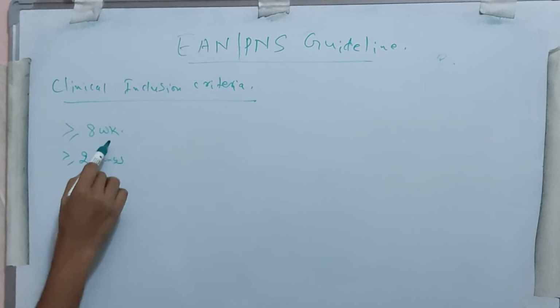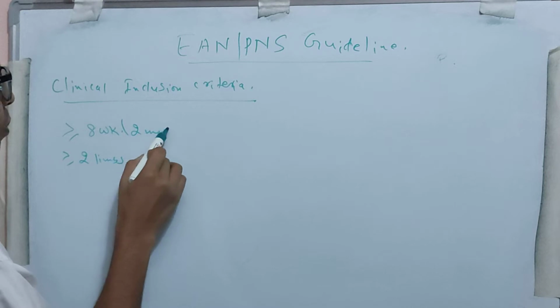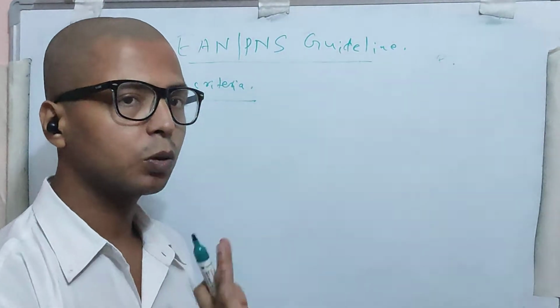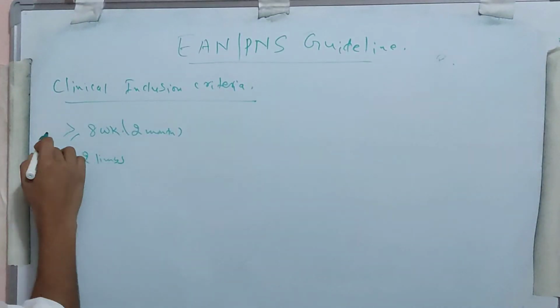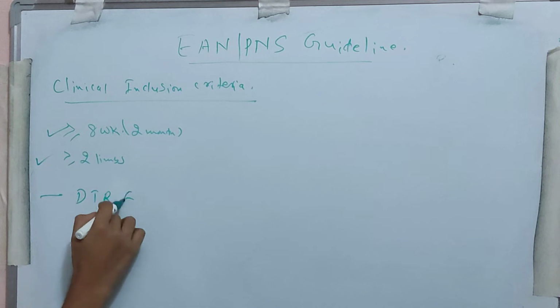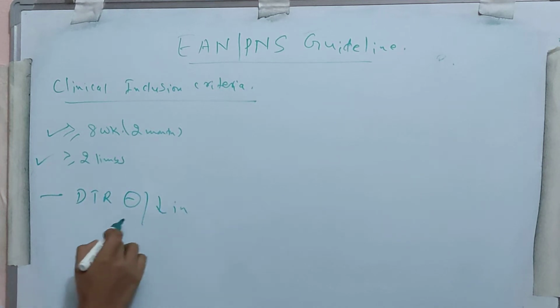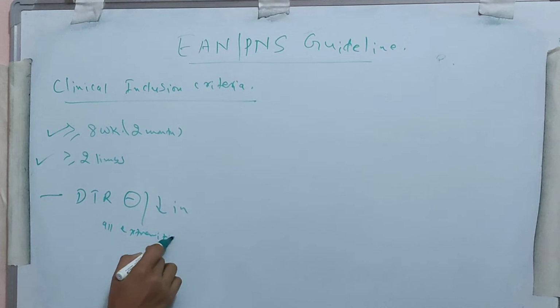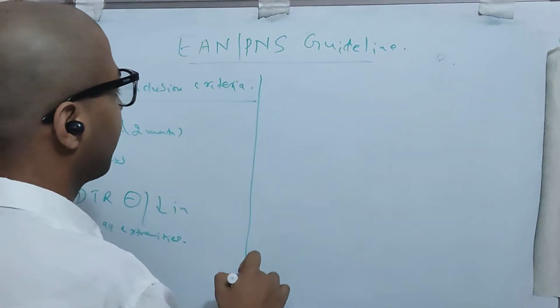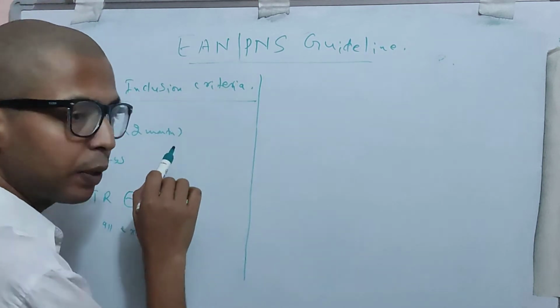You can remember it like this: the course can be progressive but can be intermittent as well, but 2 months and 2 limbs, and deep tendon reflexes absent or decreased in all extremities. Okay, this is the inclusion criteria for typical CIDP.